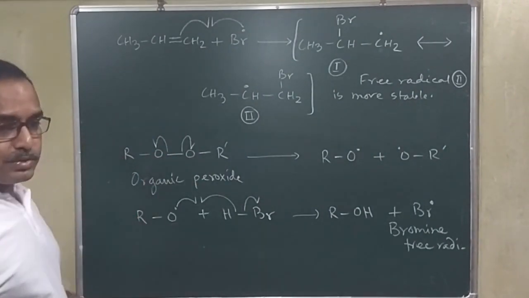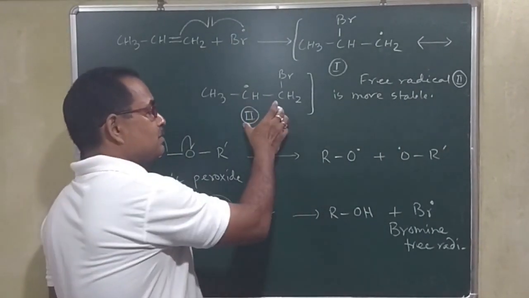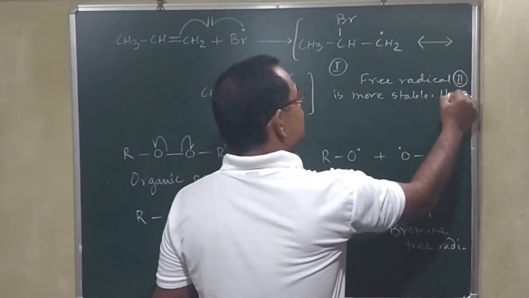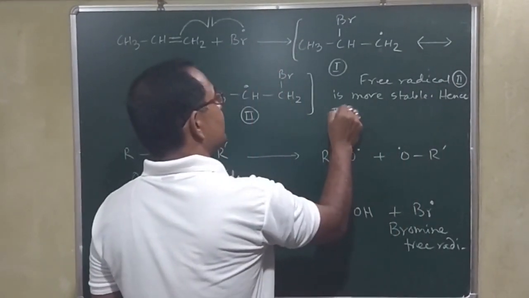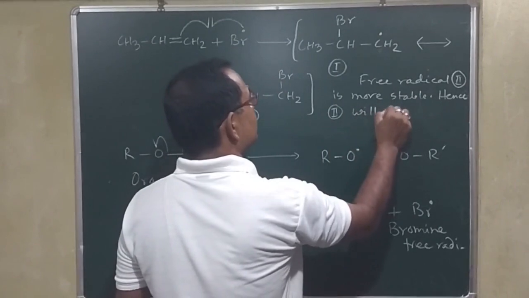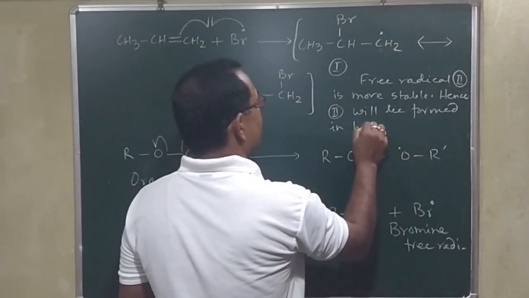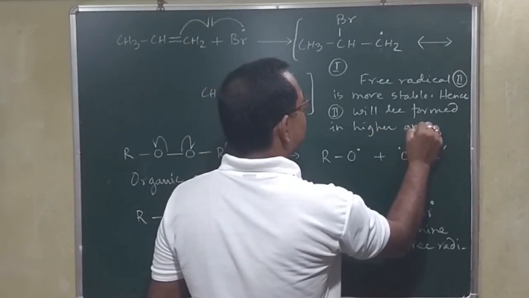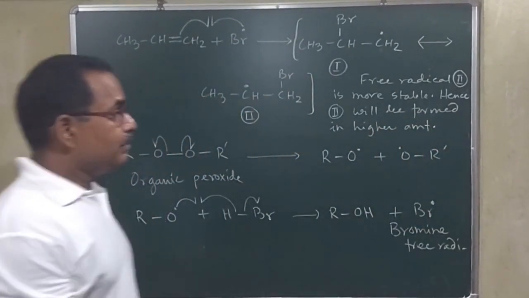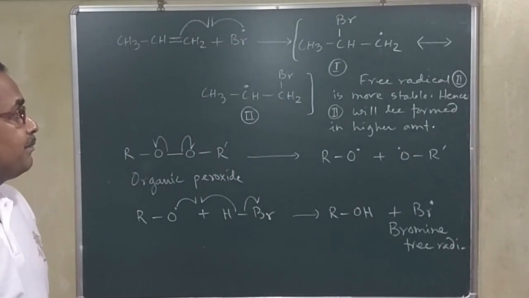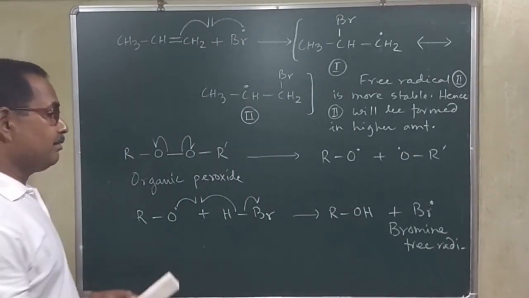Free radical 2 is more stable. Being more stable, hence 2 will be formed in higher amount. 2 will be formed in higher amount, okay.